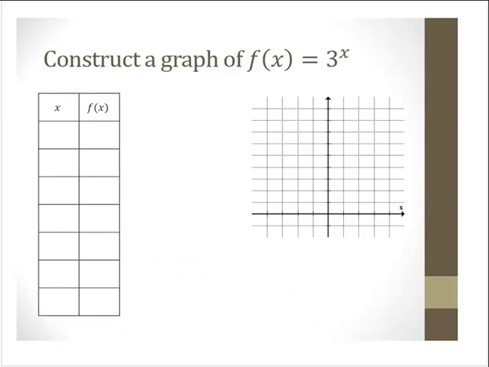Alright, so let's look more in depth at a particular function. Let's construct the graph of f of x is equal to 3 to the x power. I will start this by using a table of values, and I will choose as my inputs negative 3 to 3 by 1s.